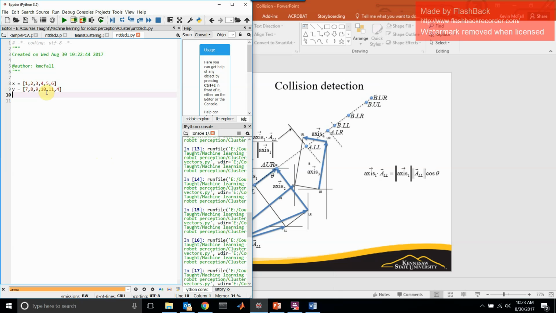So we can do for I in range len of x, for j in range len of y, and then we can say if x of I equals y of j, then print collision at ij.